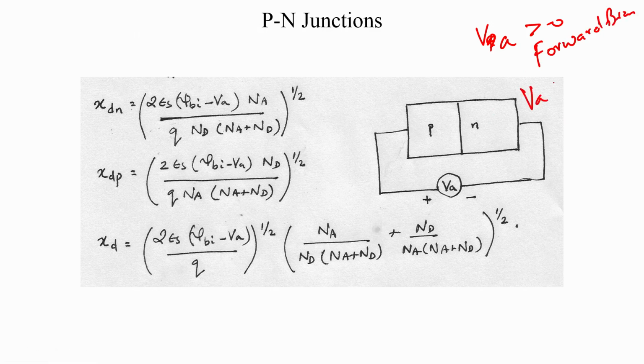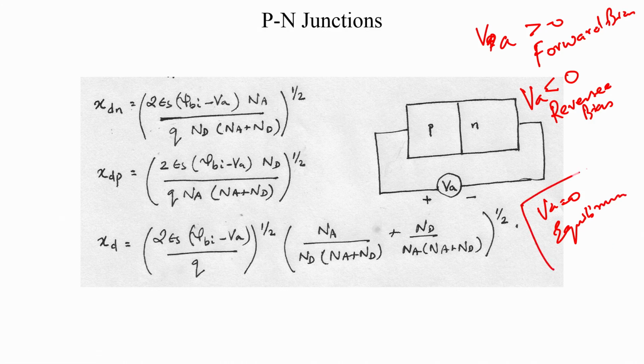If the voltage is less than 0, then the device is said to be in reverse bias. And if the voltage is equal to 0, then you are at equilibrium. Everything we have discussed so far is at equilibrium. There was no voltage applied, or in other words, VA was equal to 0.